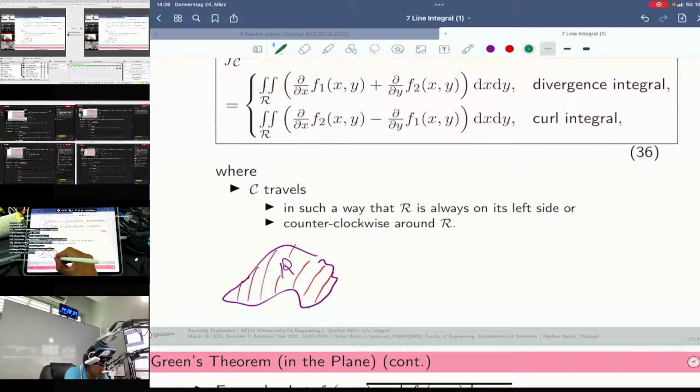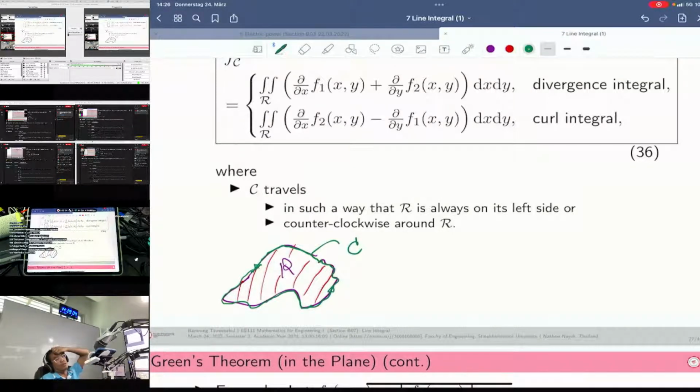You go along this, like this, in the counterclockwise direction. The region R is always on the left side. This is the left side of the walking path. This is the curve C.